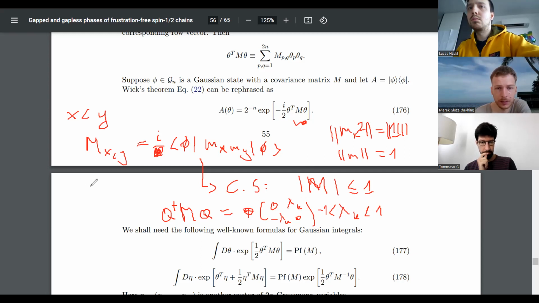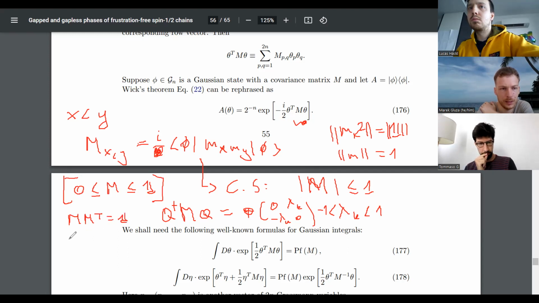So there's a simple relation, namely 0 smaller or equal than M smaller or equal than 1. And those are the physical states. Those are also density matrices. And if M squared is equal to 1, then we have a pure state. So this is basically positivity. Trace normalization is easy, it's always like this.